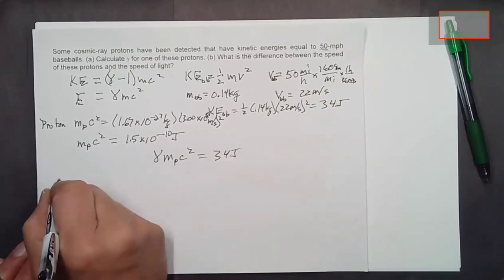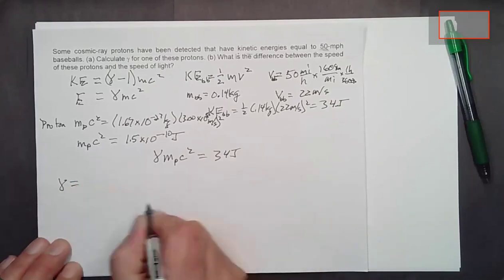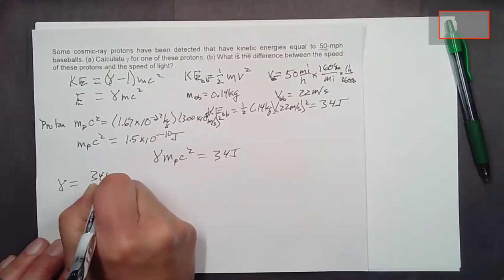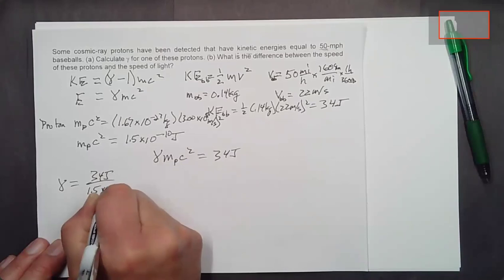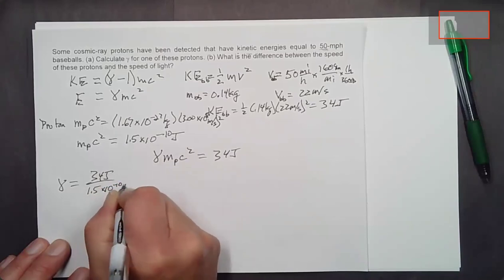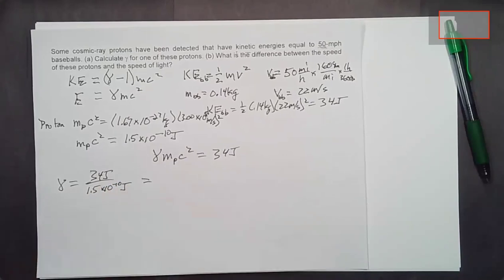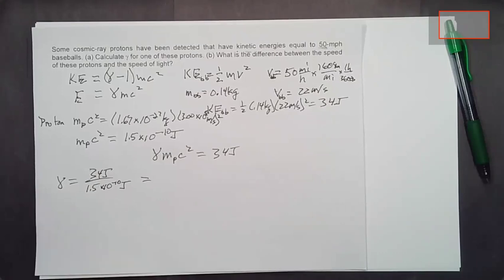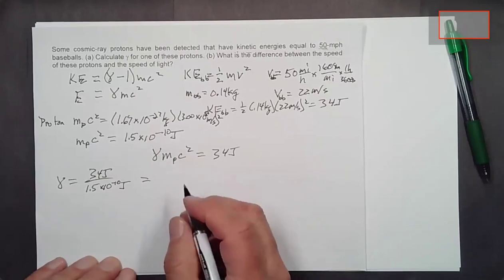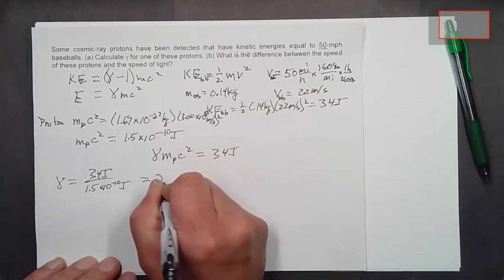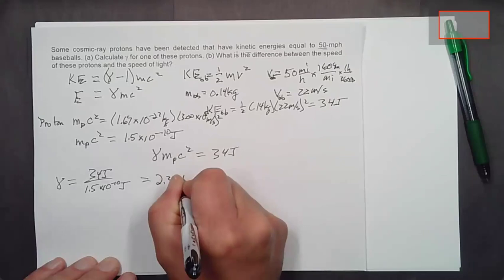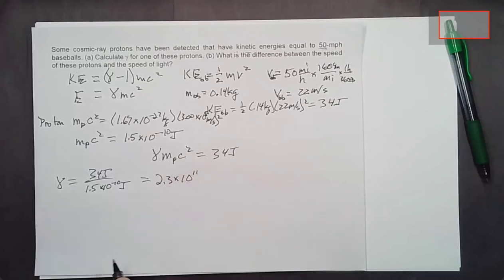And so gamma will equal 34 joules divided by 1.5 times 10 to the minus 10th joules, which is, gamma's dimensionless, I get about 2.3 times 10 to the 11th.